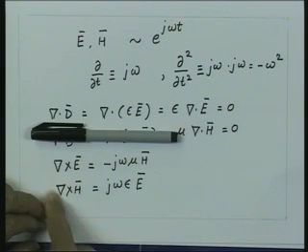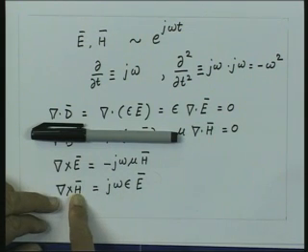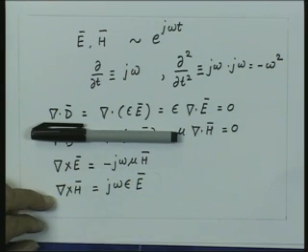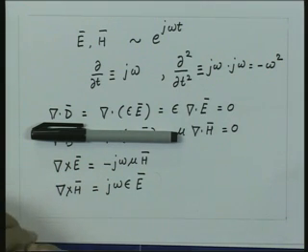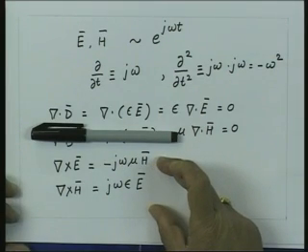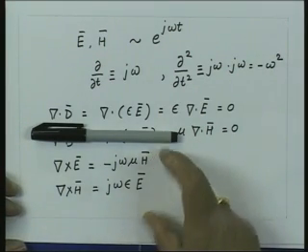Exactly similar thing is here. This is the space derivative of the current, related to j omega epsilon. So it is like a capacitance multiplied by the voltage. So as we got the coupled equations for voltage and current in the case of transmission lines, this is essentially the generalized form of those equations.